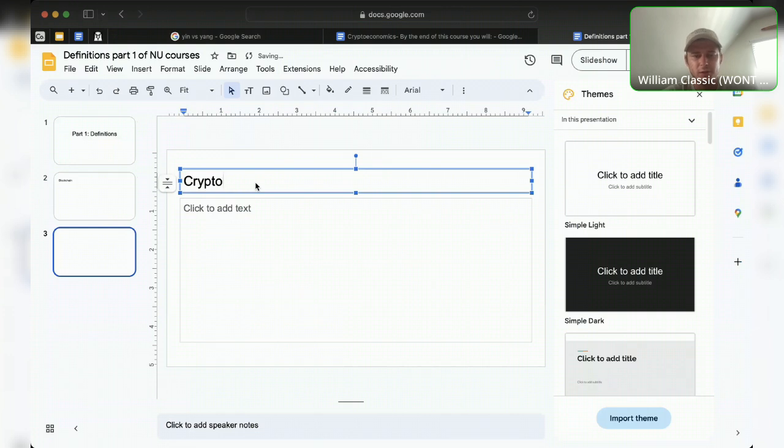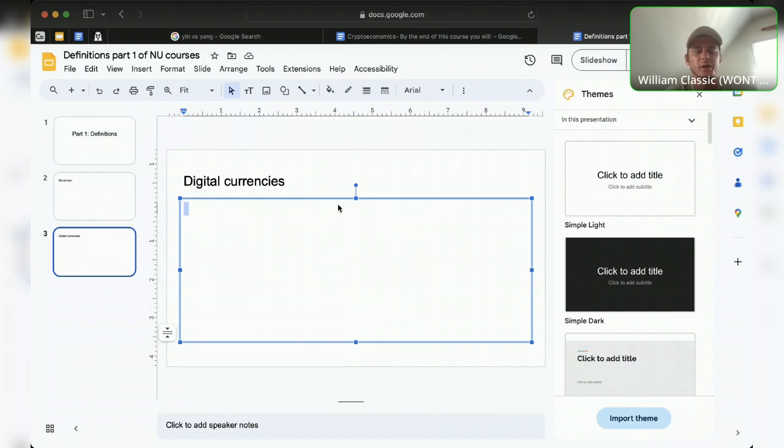Cryptocurrency, or digital currencies. So this will be basically all the way back to very early eCash designs to Bitcoin. They all qualify as digital currencies. It's basically just something that exists on the internet and is money.